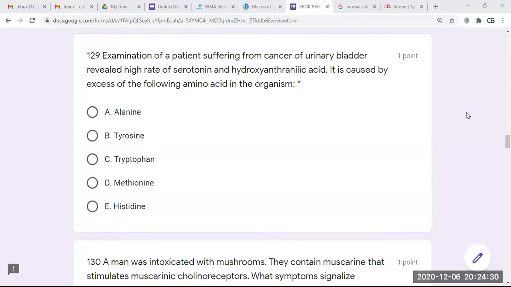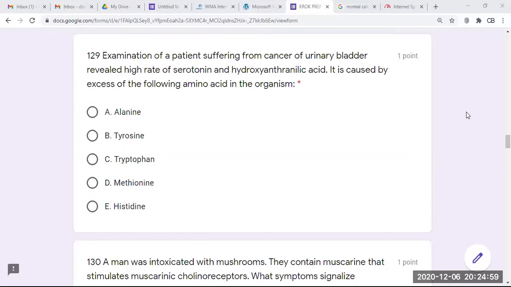And we said for decarboxylation, what vitamin is needed as a coenzyme for the decarboxylase enzyme? Vitamin B6, thank you. And the active form is called pyridoxal phosphate, okay?